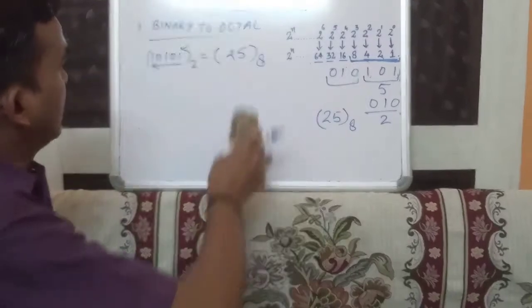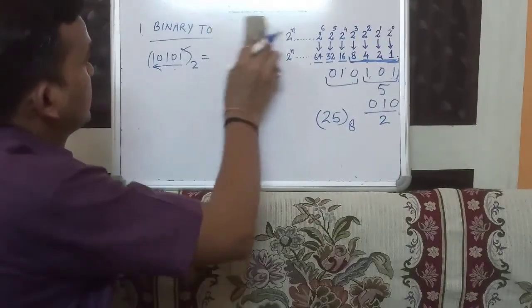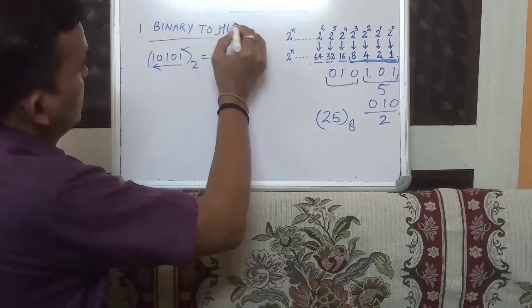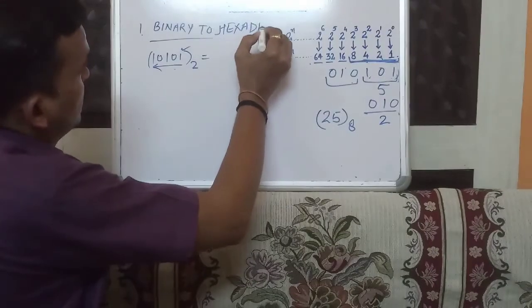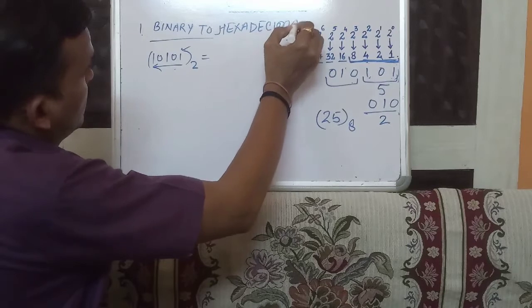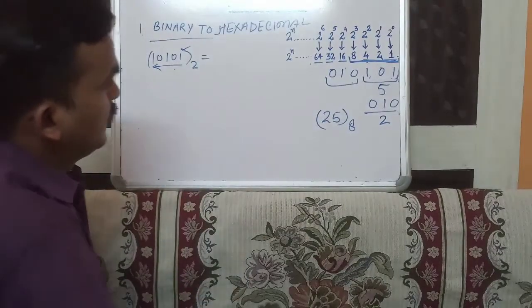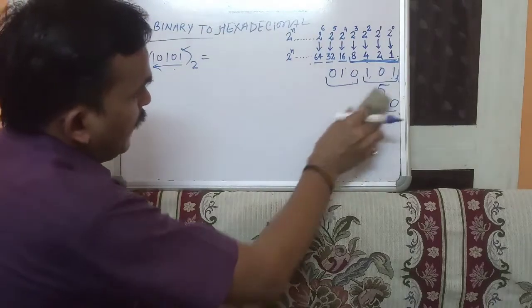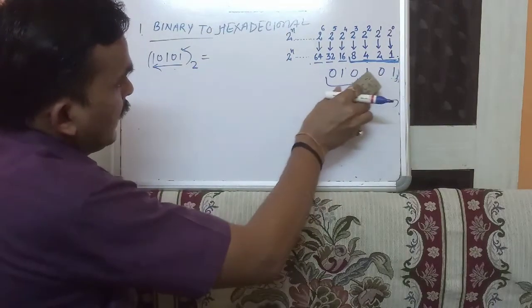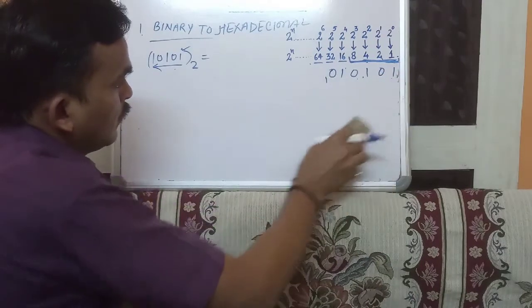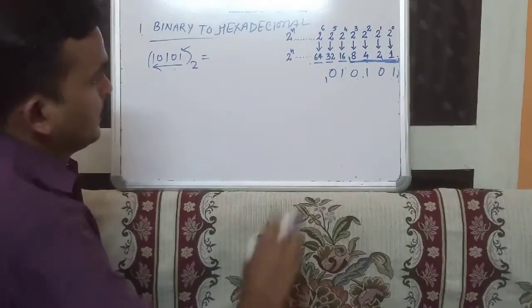If we talk about the hexadecimal conversion, binary to hexadecimal, then we will simply put the values in the series and make combinations of 4 bits.